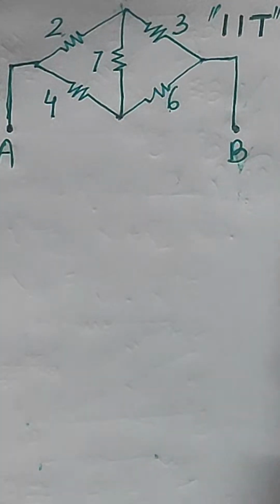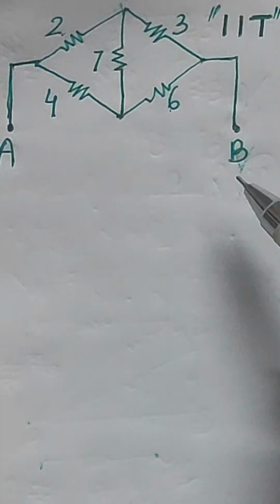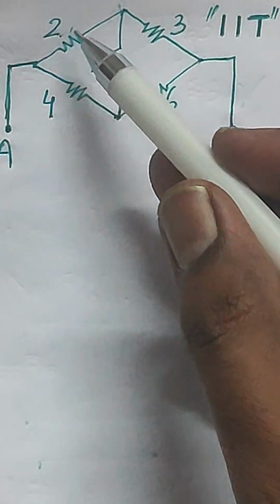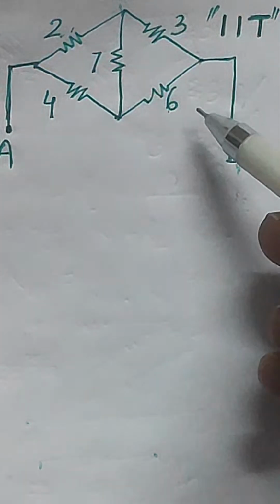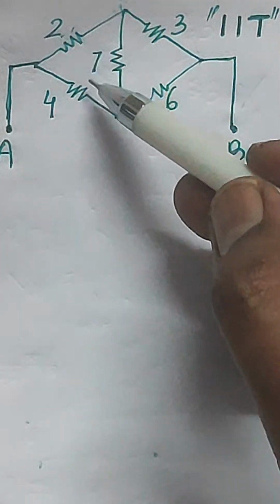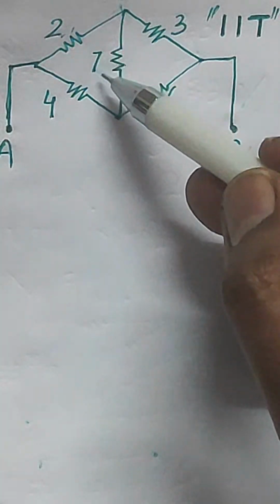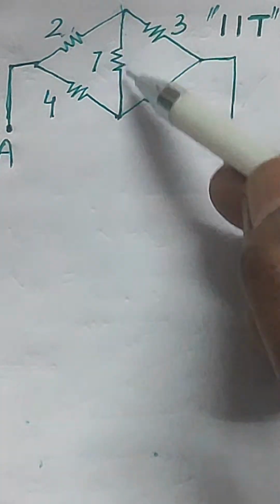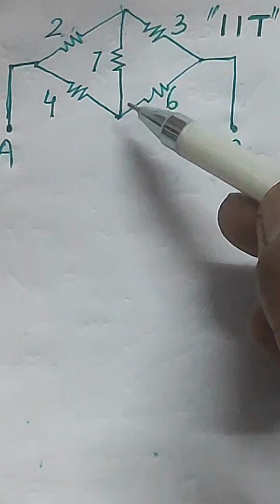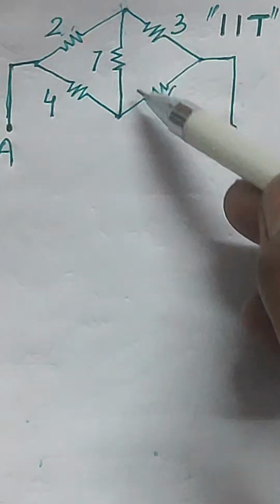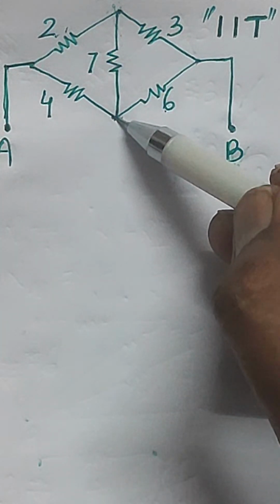So for any such bridge, we need to understand, if you remember, that R1, R2, R3, R4 were the four resistances, and there is a galvanometer which was connected into the tapping point. This is the tapping loop. In this way the galvanometer G is connected across these two points.